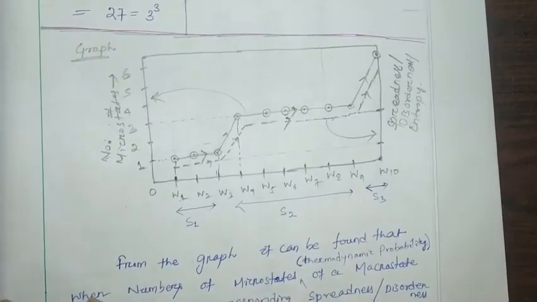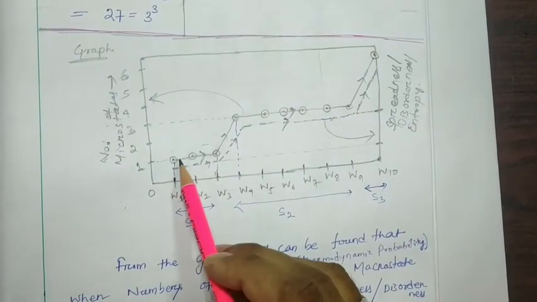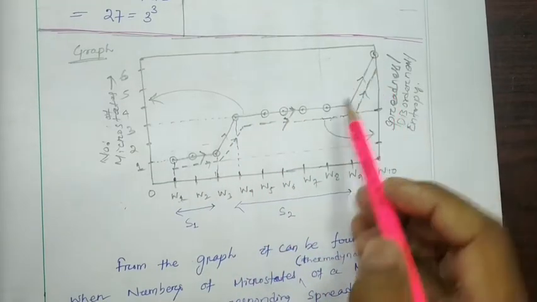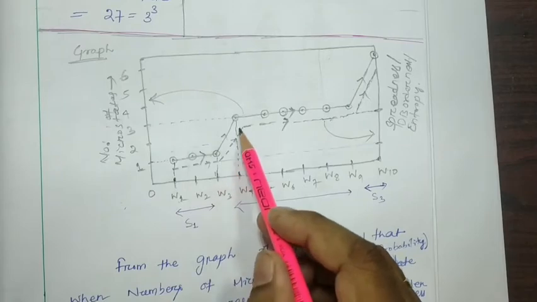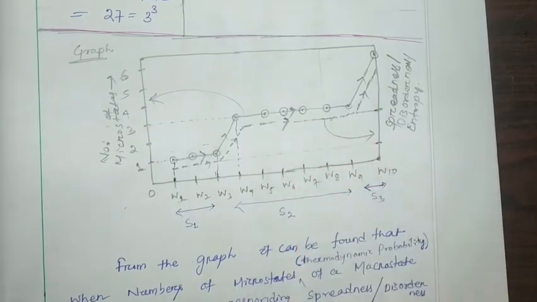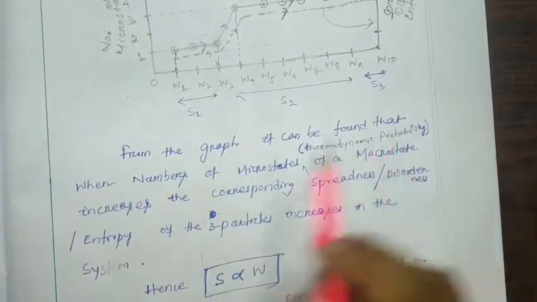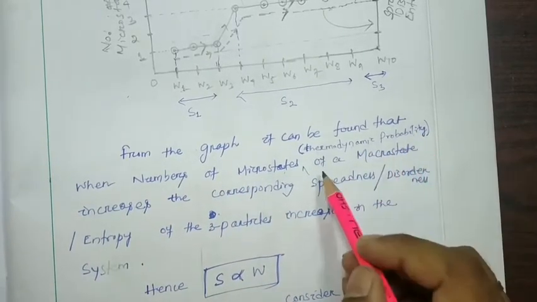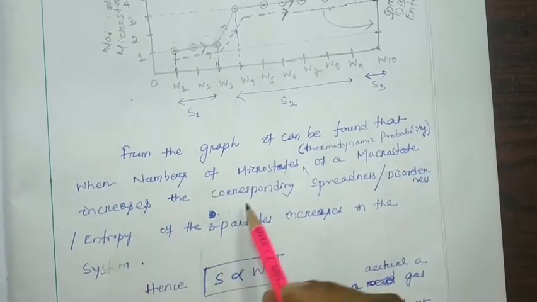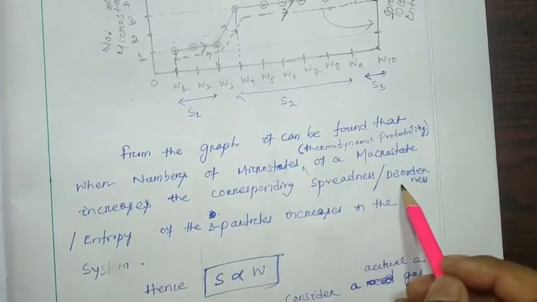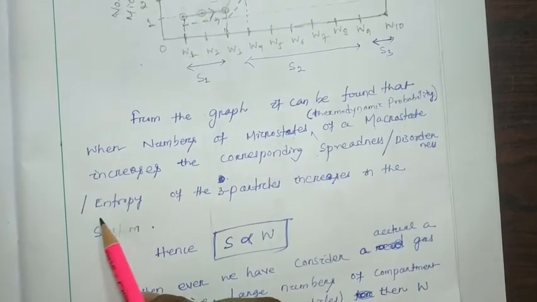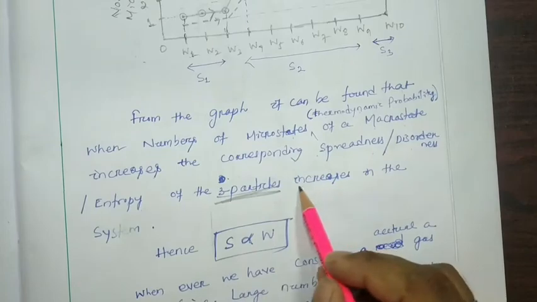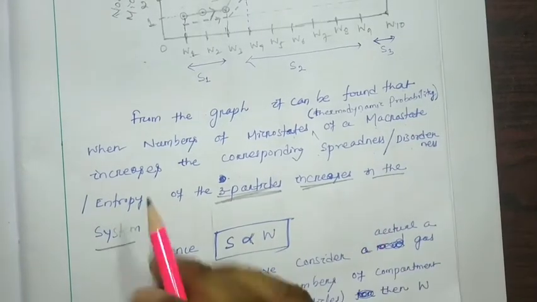So here you can see that whenever the microstates increase, the corresponding disorderness also increases. From this graph it can be found that when the number of microstates, or thermodynamic probability, of a macrostate increases, the corresponding spreadness or disorderness, called the entropy of the three-particle system, also increases.